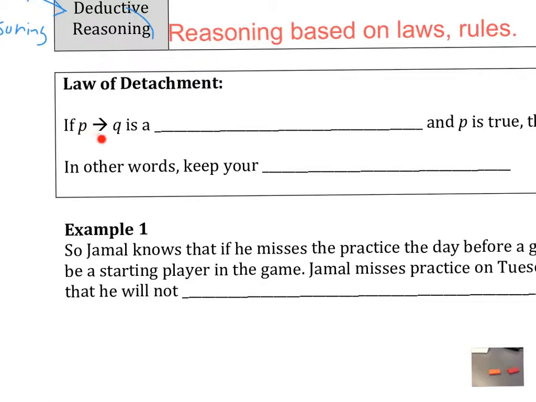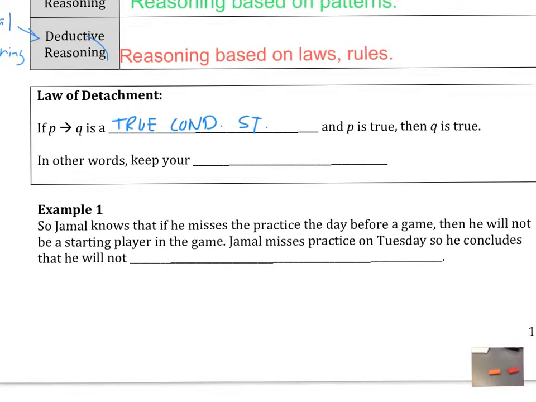It says if P implies Q, so this is a conditional statement, if P implies Q is a true conditional statement, and P happens to be true. In other words, P happens. It's an event that actually occurs. Then guess what else happens? That must mean that Q will happen as well.